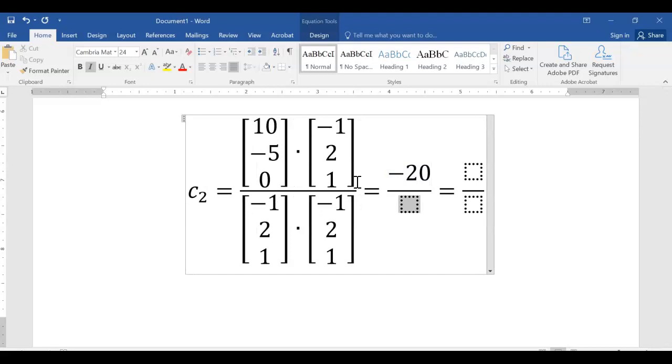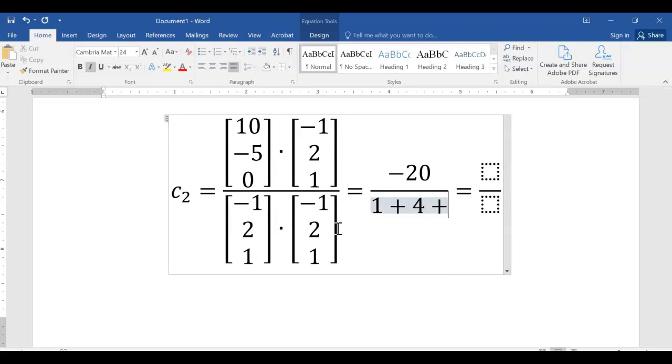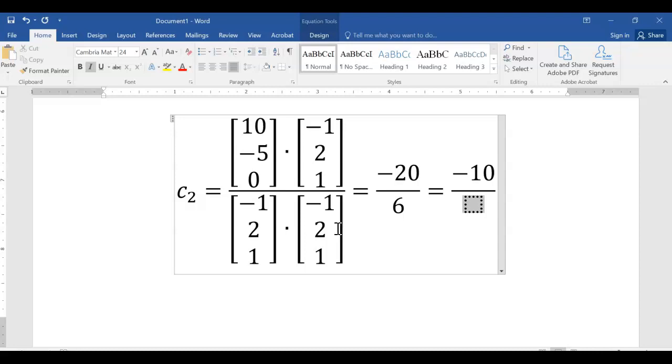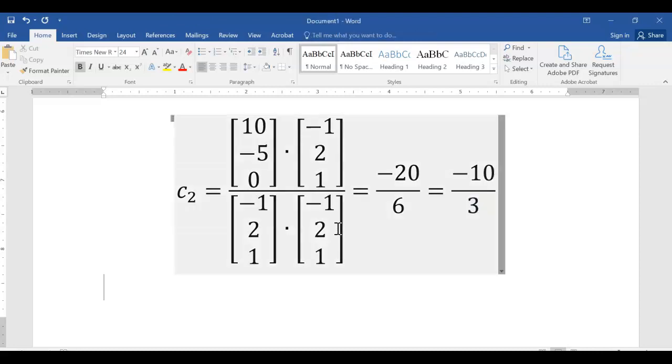Hopefully I don't have to write that out, but -10 minus 10 plus 0 is -20. -1 times -1 is 1. 2 times 2 is 4. 1 times 1 is 1. So again, we're dividing by 6. That does simplify to -10 over 3 if we want to simplify it, or -10/3, however you'd like to say that.